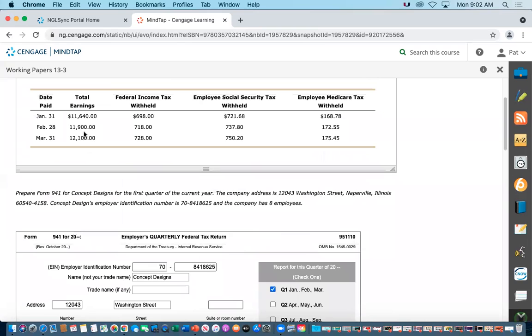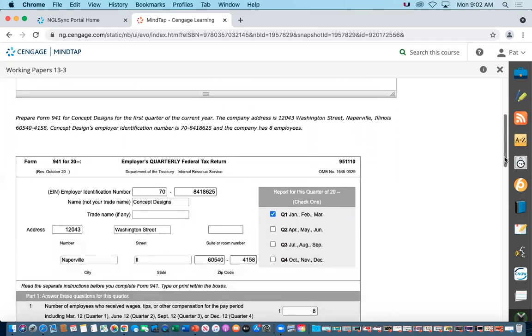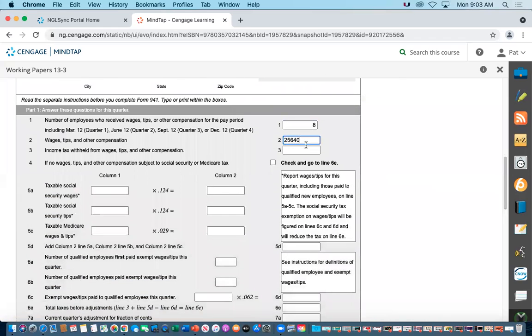We added these 3: total earnings for January, total earnings for February, total earnings for March that you have paid. And that's supposed to be 35,640, sorry. Hit the wrong number. 35,640. You guys all understand where you get that number?